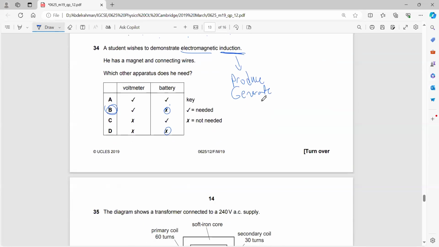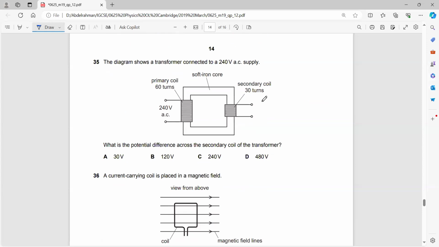Question 35. The diagram shows a transformer connected to a 240 volt AC supply. Very straightforward. You only need to find the potential difference across the secondary coil. I only have one equation: VP over NP equals VS over NS.